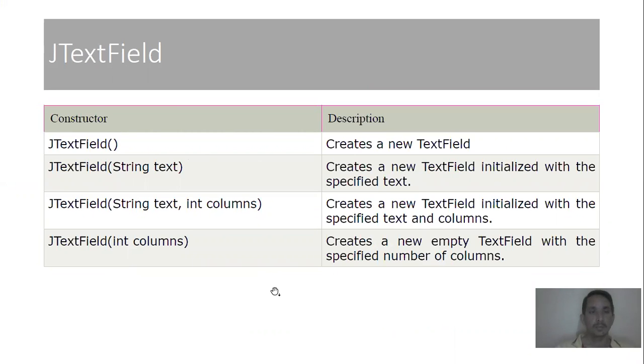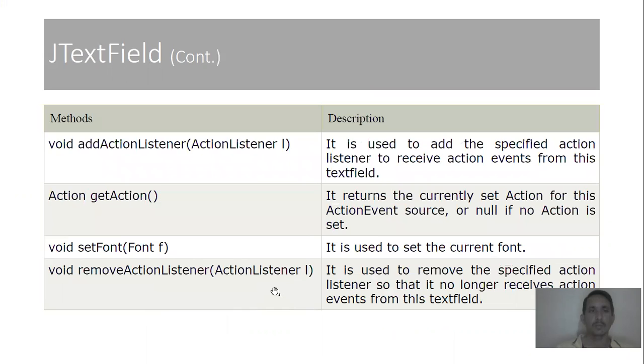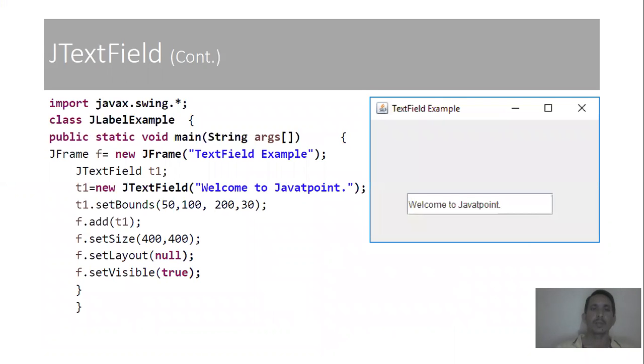Text field, take the inputs from the users, with similar methods. Define the text field, JTextField, set bounds and add the text field to the particular frame.